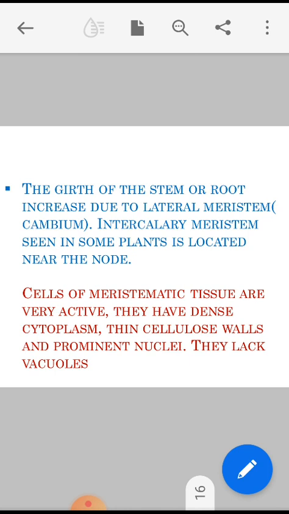And here there is one more characteristic, that they lack vacuoles. Now, why do they lack vacuoles? This you have to refer to the previous chapter and write the reason for this. This answer you have to give, that why vacuoles are not present in the cells. Okay, I hope you have understood this much part of meristematic tissues.